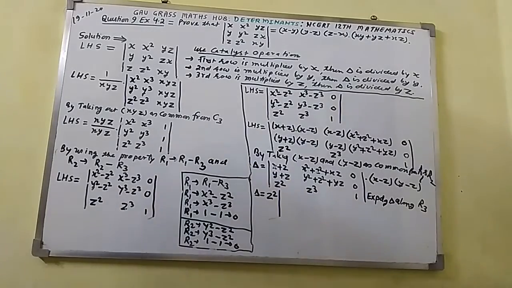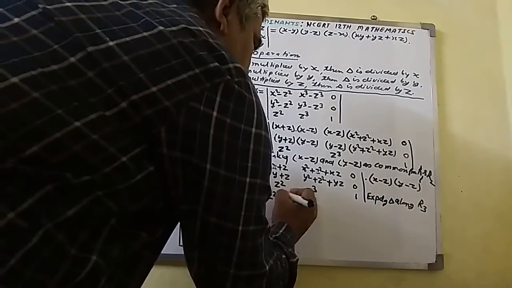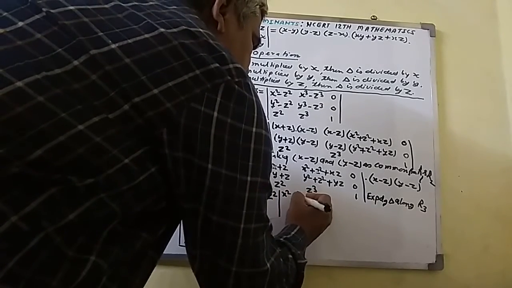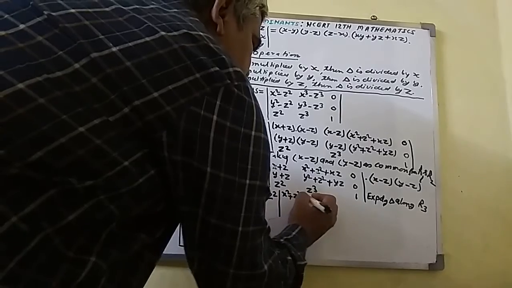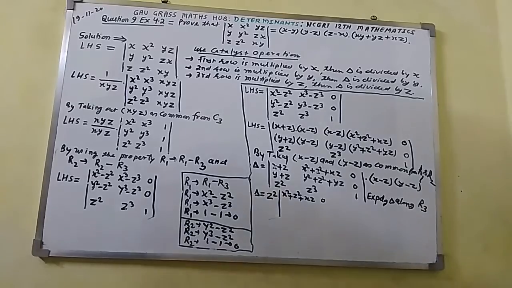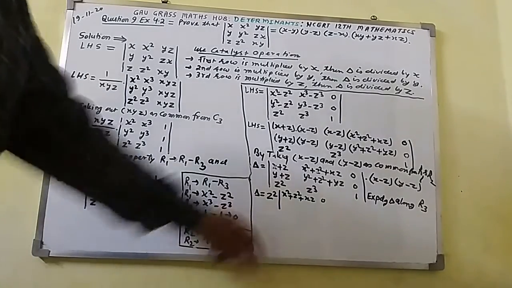So you get the minor as it is: x square plus z square plus xz, 0. And again you will get the minor. Find out the minor here.